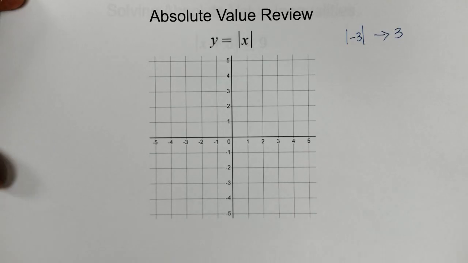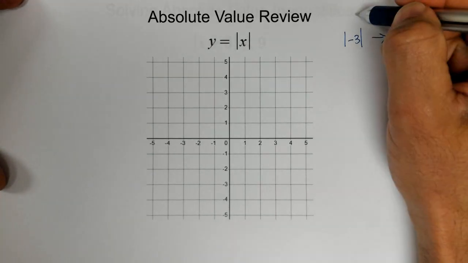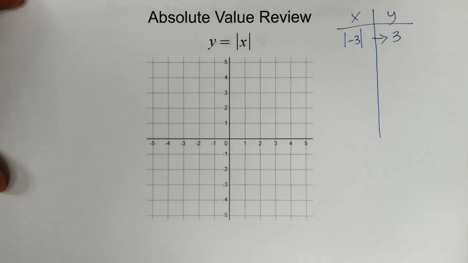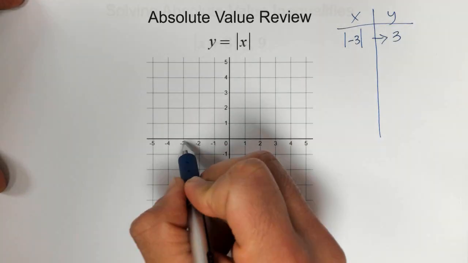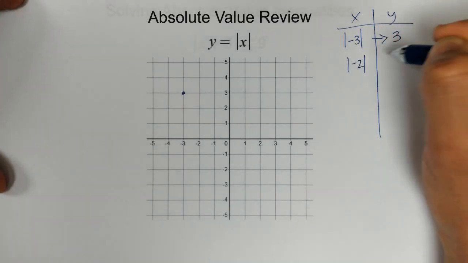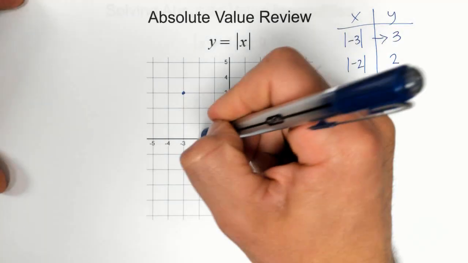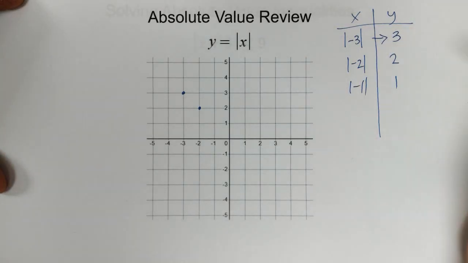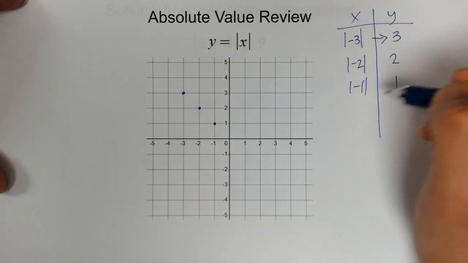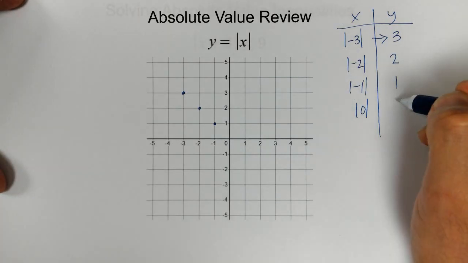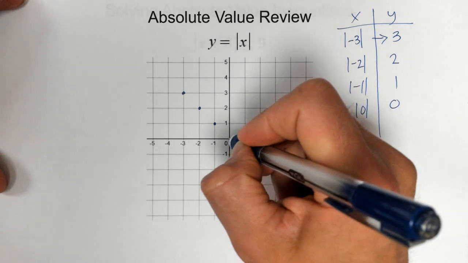Yeah? So if I were to plot this as a table, at -3, I would get a 3. If I take the absolute value of -2, it will turn into a positive 2. -1 to a positive 1. The absolute value of 0, since it's neither negative nor positive, doesn't change, it's just 0.